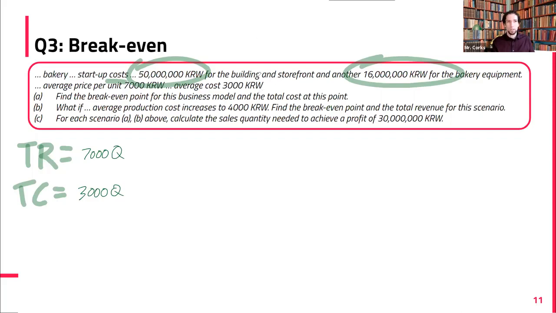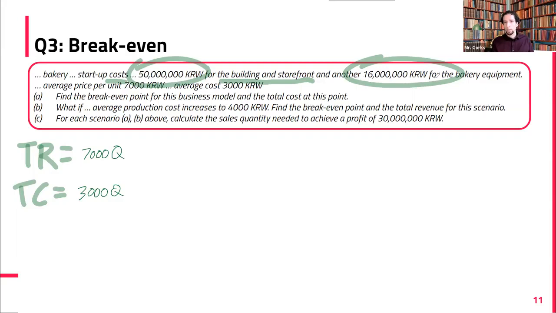But also it tells us here, 50 million won for the building and the storefront. For each unit of bread that we sell, do we build a brand new building? No, we build the building once and sell lots of units of bread from that same building. That's a one-time cost, not dependent on Q. The cost does not go up or down based on changes in Q, therefore fixed cost.